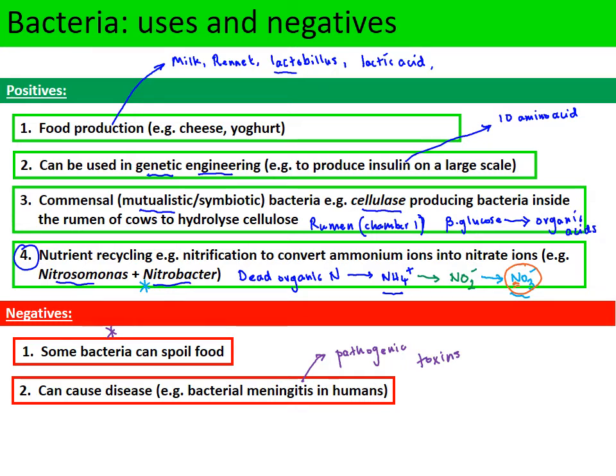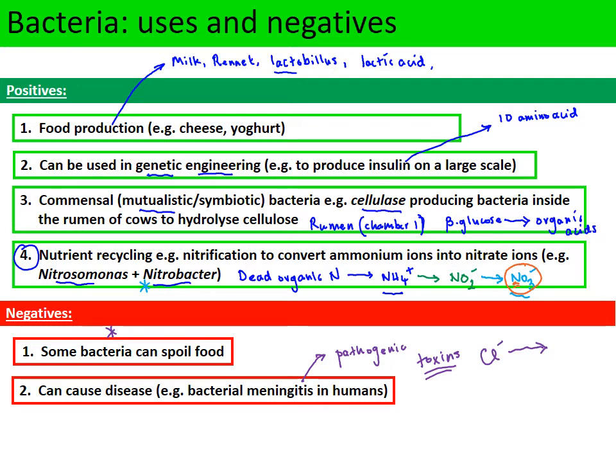Now, cholera is quite a nice example because of the bacteria that cause that in the small intestine, the toxins released by the cholera bacterium bind to a chloride ion channel in the membrane of the epithelial cells that line the small intestine. Now that causes the chloride ion channels to stay open, and so chloride ions end up moving into the lumen of the digestive system.